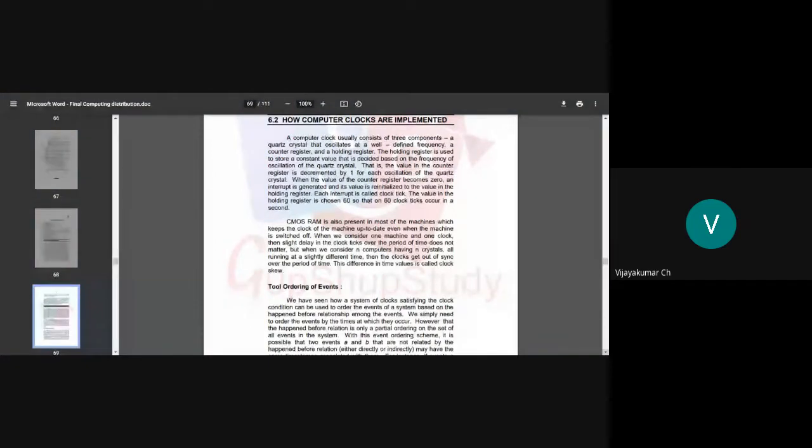When the value of the counter register becomes 0, an interrupt is generated and its value is reinitialized to the value in the holding register.